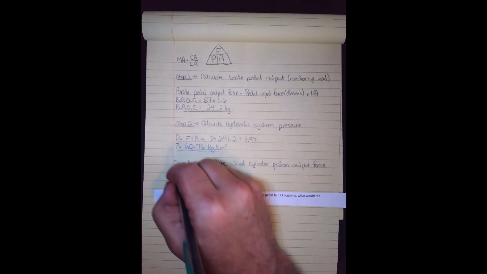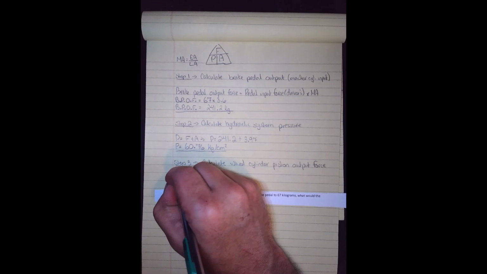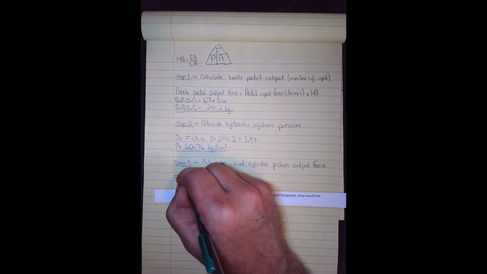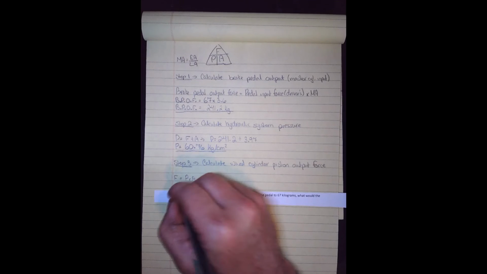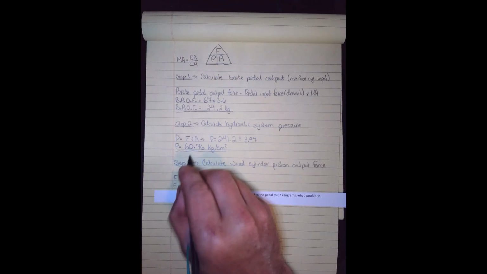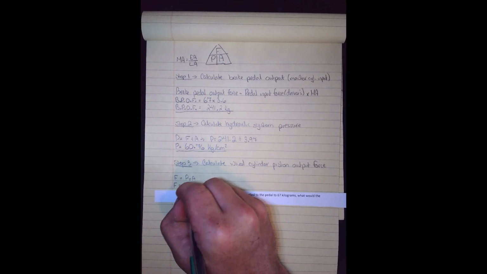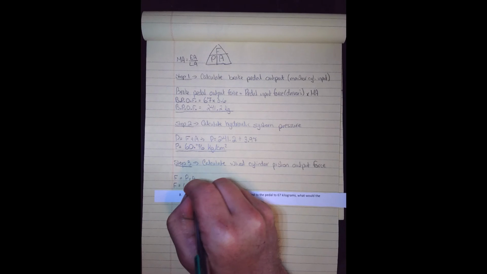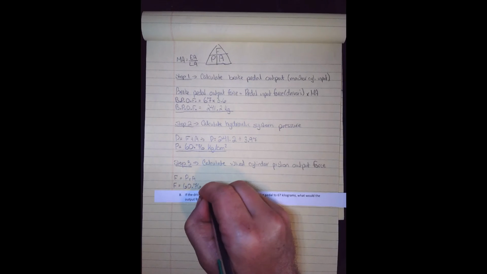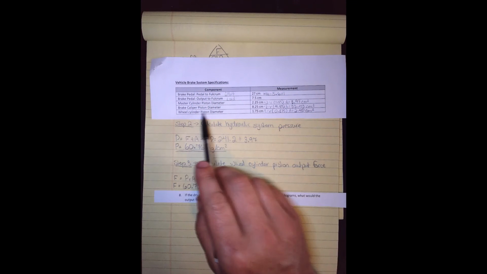Okay. So it's a force, which is a pressure, times an area. We know the pressure because we just calculated it, so it's going to be 60.76 multiplied by the area. And we're looking for wheel cylinder this time, right? So 2.4.